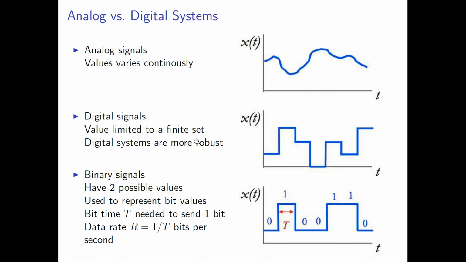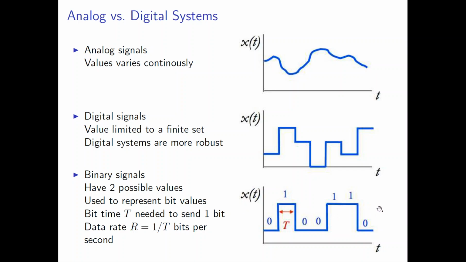Digital signal values are limited to a finite set. For example, you have either this value or this or this or this. Only 4 values. Your function can take only 4 values. Digital systems are more robust to noise and errors. That's why we usually prefer to use them.